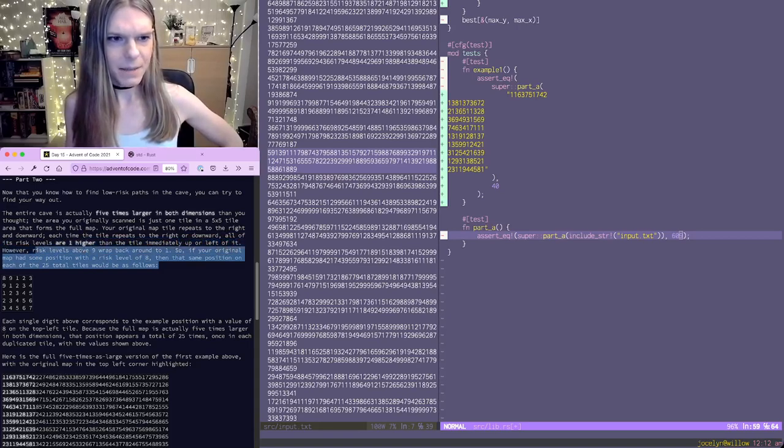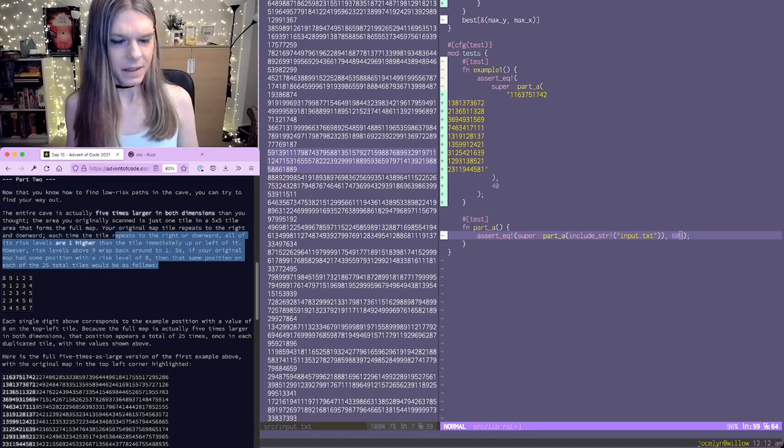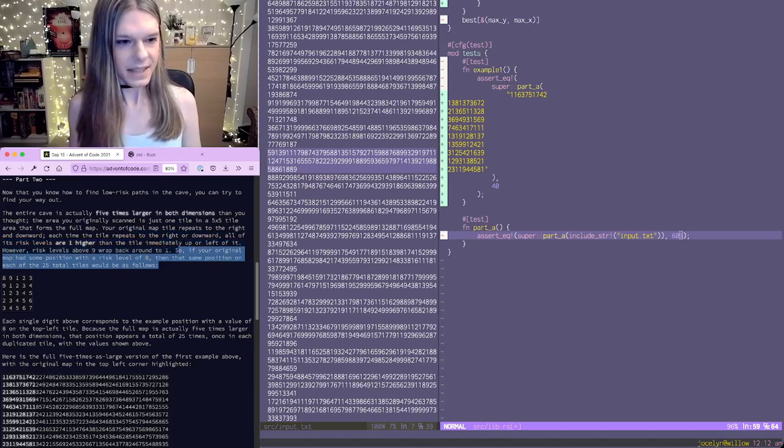However, risk levels above 9 warp to 1. Don't understand what that means. Oh, I see. Okay. So it's like the same tile except we increase by 1.